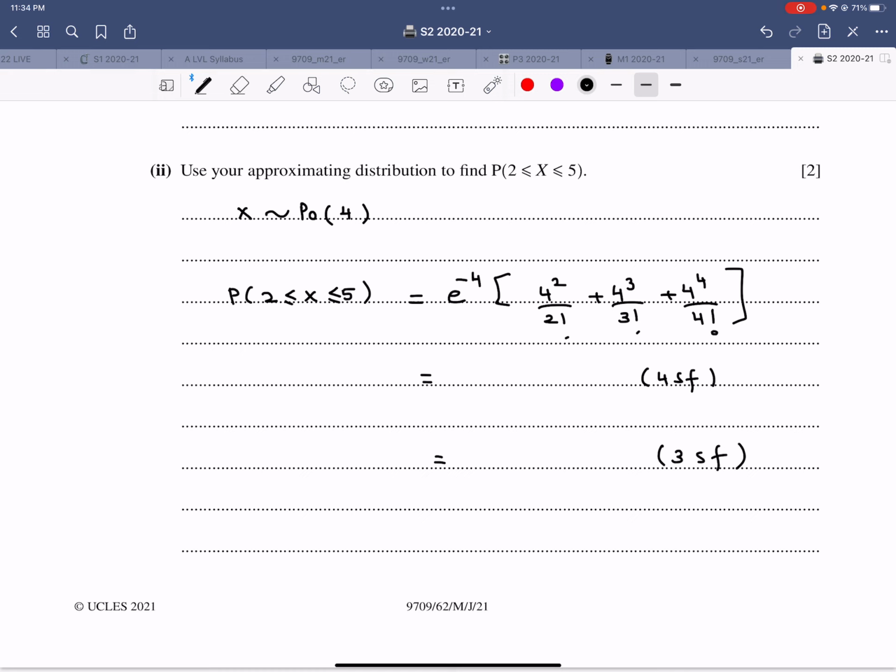So now this question is done, and it's still 5, my bad. So I need to calculate one more term, that is 4 to the power 5 over 5 factorial.